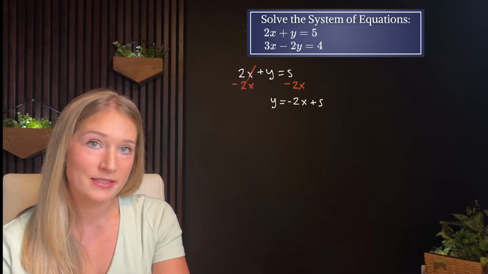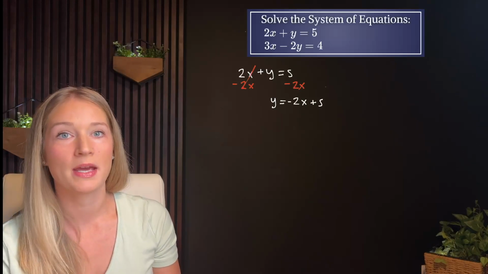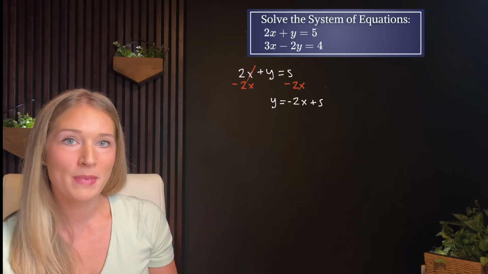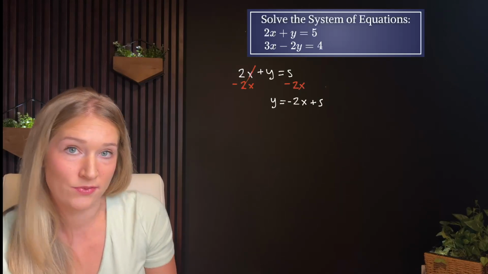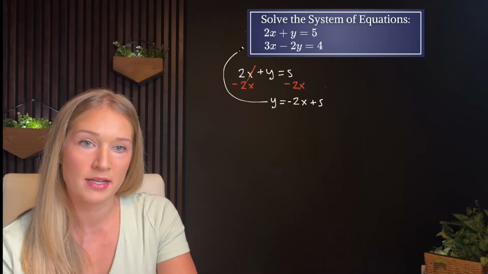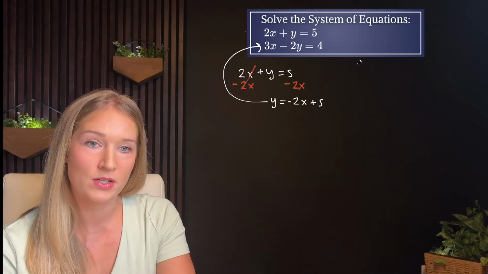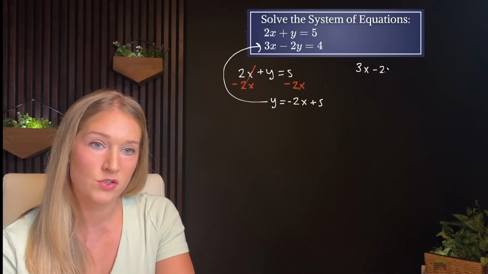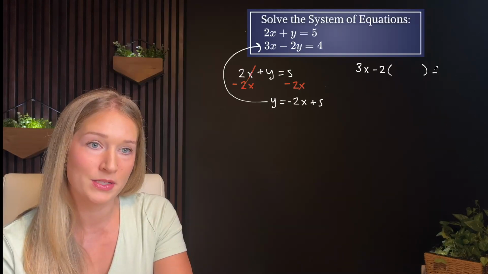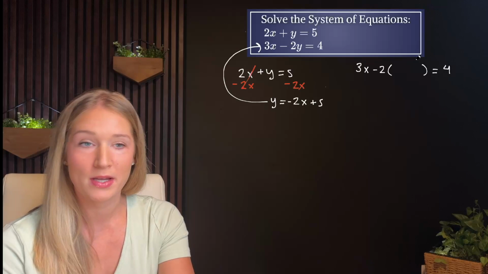Now that I know what y equals, I'm going to take that y value and plug it into my other equation. I can't go back to the first equation because this is the first equation. So I need to go back to the second equation. I'm going to take this y value and put it in for y in that second equation. So 3x minus 2 times y is going to equal 4, but we know what y is. y is negative 2x plus 5.